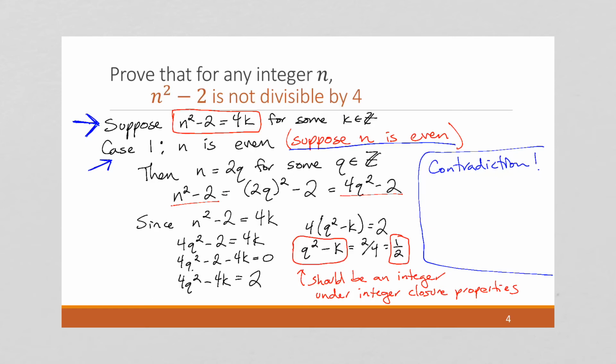So this contradiction means that n cannot be even. The reason it just cancels that one out is because we don't know anything about what happens if n is odd. All we've shown is that n can't be even. That's what our assumption was working with. So this statement up here, our initial suppose, could still theoretically be true if n were odd. So that's what we need to look at next.